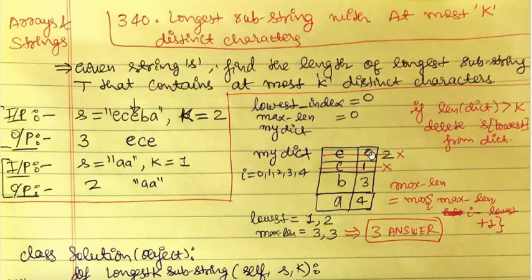So we remove 0 and put 2 as the value of e, because 2 is the most recent index of character e. So basically the value is the most recent index corresponding to that character. Similarly for b we have 3, which is the index of b in the string, and for a we have the index 4.